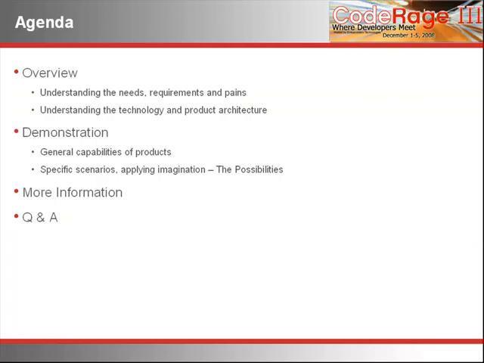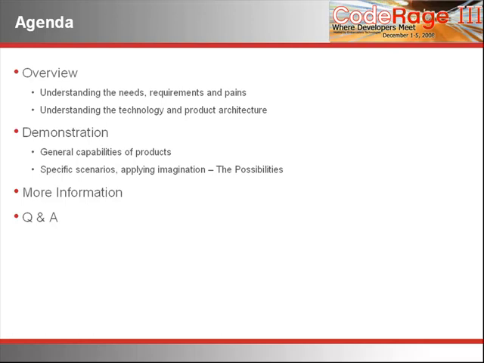Here's how we will make use of the time we have for this session. Before we get hands-on with the demos and code examples, it's important for us to understand the needs, requirements, and pains we are attempting to solve and a bit about the technology and products we will use to solve them. So we will get to understand that in the overview section and then get into the demonstration and code.